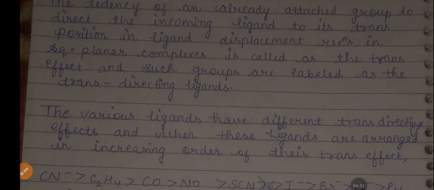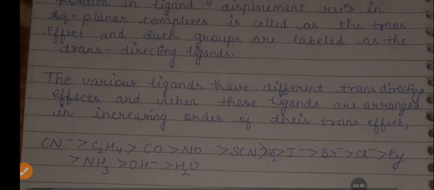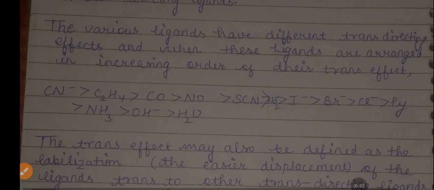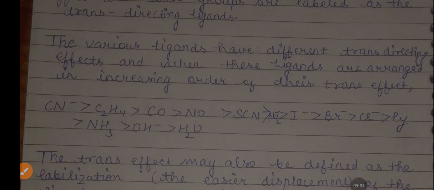The various ligands have different trans-directing effects, and when arranged in increasing order of their trans effect: CN⁻ is greater than C2H4, and C2H4 is greater than CO, then NO, SCN⁻, NO2⁻, I⁻, Br⁻, Cl⁻, pyridine, NH3, OH⁻, H2O. This is the increasing order of their trans effect.